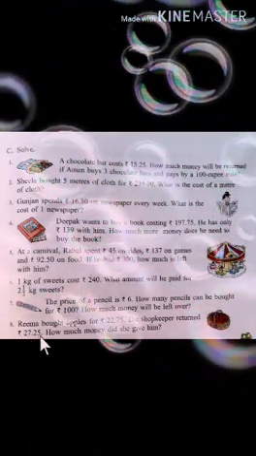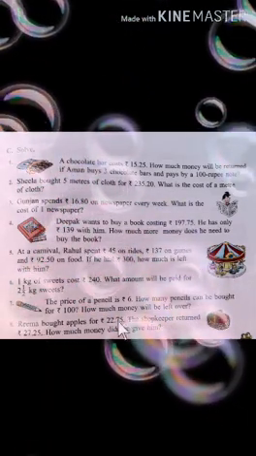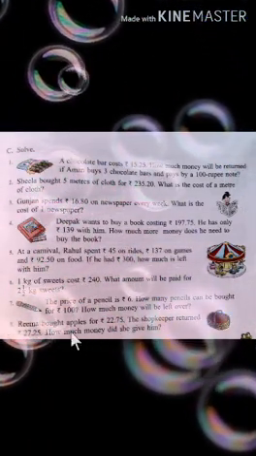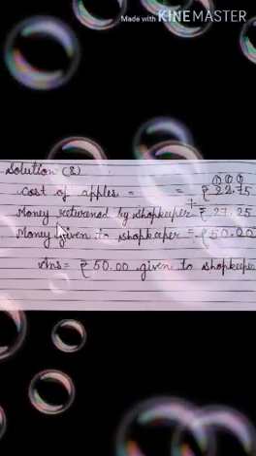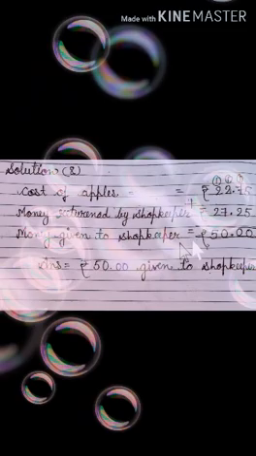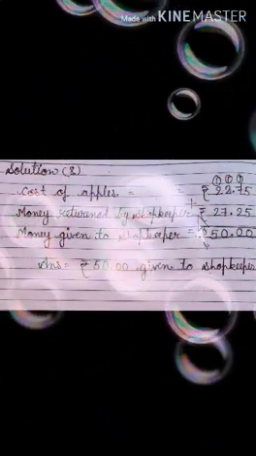In the beginning she gave the rupees to the shopkeeper. It means find out by the total of both: cost of apples plus money returned by the shopkeeper is the money given to the shopkeeper. It means add and total them, then rupees 50 was given to the shopkeeper.